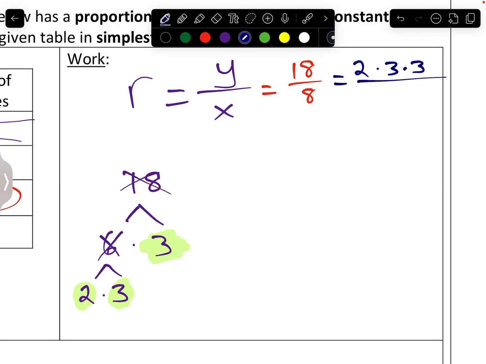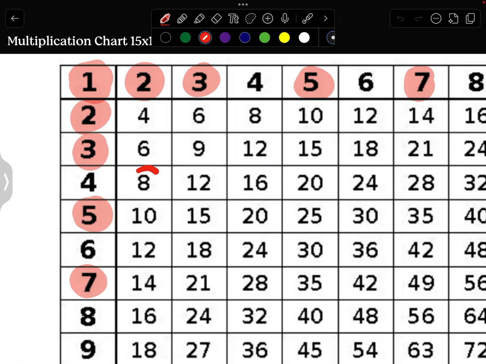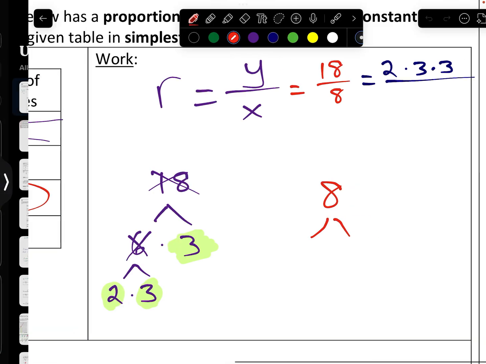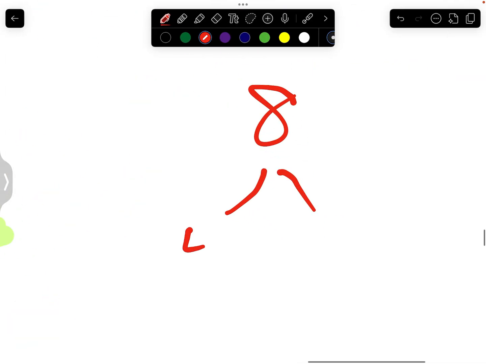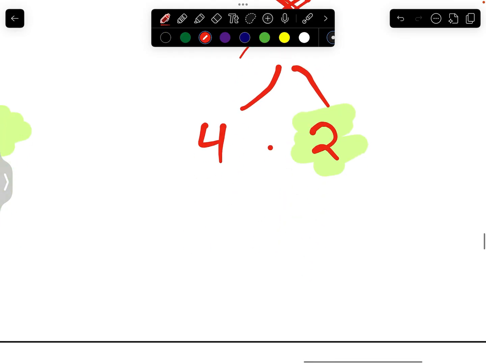Now we've got to do 8. We should know what 8 is, but again, if we don't, come over here. That's 4 and 2, yeah? So 4 times 2. I know 2 is prime. 4 is not, so I've got to make that smaller.